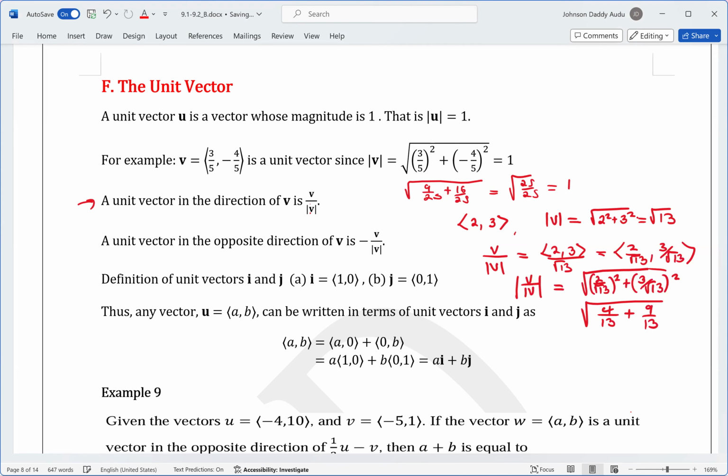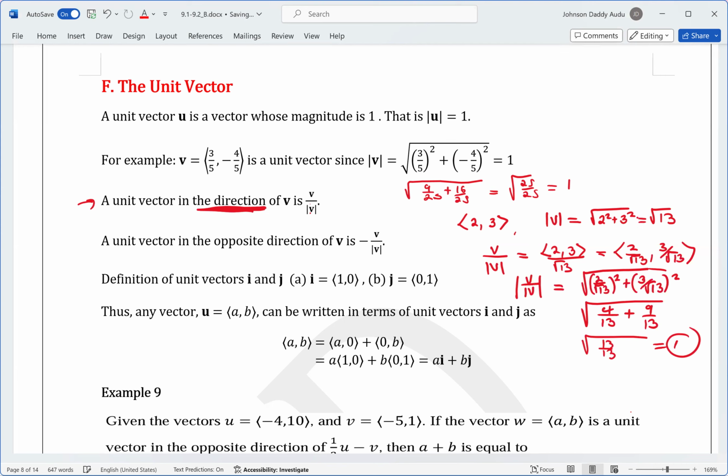So you see that this is just going to be 13/13, so it's going to be 1. So you see we've created a unit vector, and it's called a unit vector in the same direction, because the direction will be the same. The theta is going to be the same because the values are proportional.